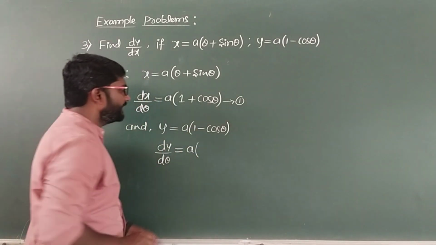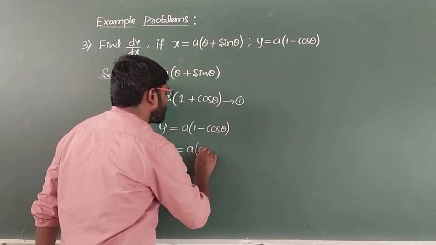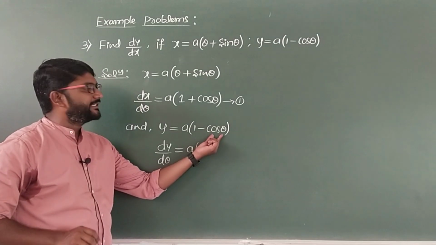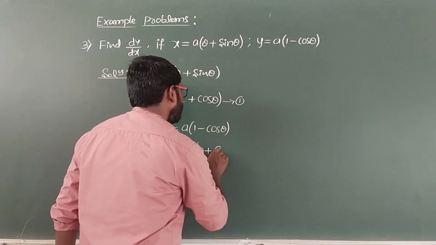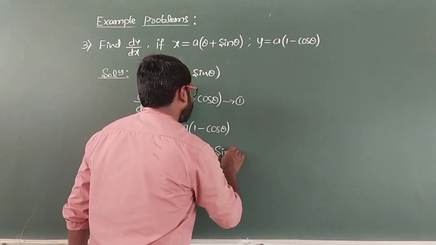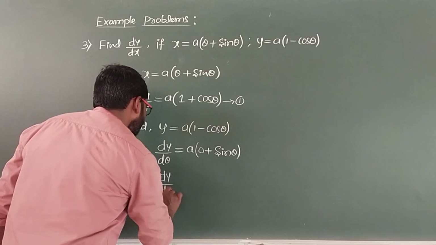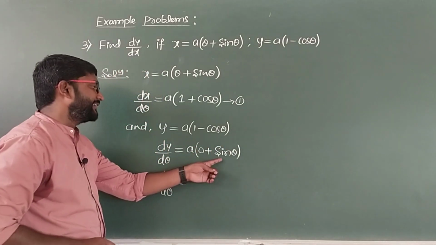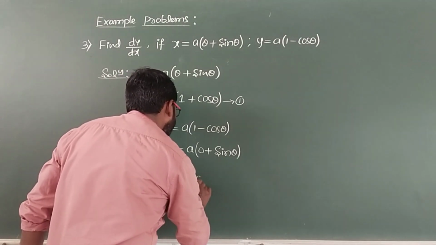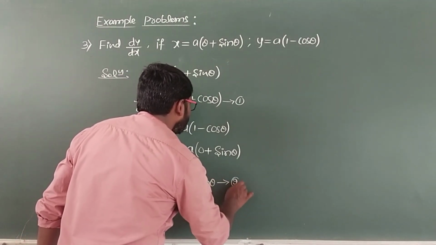Then in the bracket, derivative of 1 will be 0, then minus as it is, derivative of cos theta will be minus sin theta, minus into minus becomes plus, so we get sin theta. Overall dy by d theta is equal to 0 plus sin theta, it is sin theta into a, it is a sin theta. Call this as equation number 2.